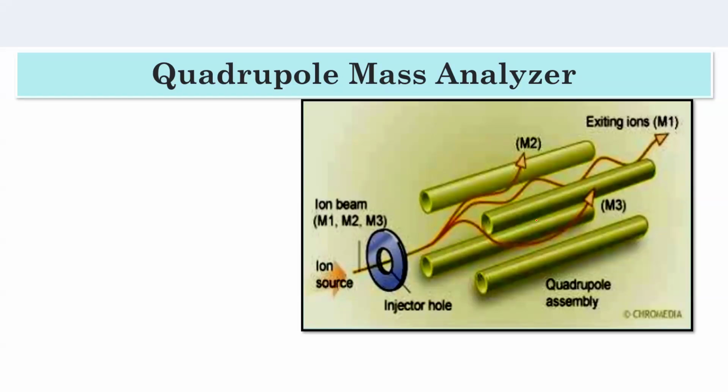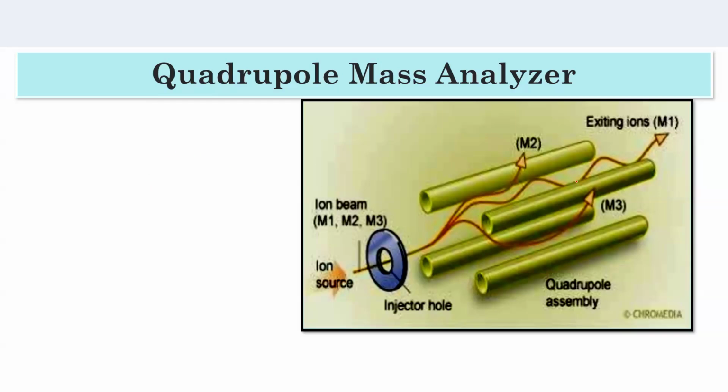In the quadrupole mass analyzer, by the name itself we can understand there are four poles, just like a dipole, you have a quadrupole: one, two, three, four. If it is a hexapole, that means you have six poles, and these days there is also an octapole, which has eight poles.